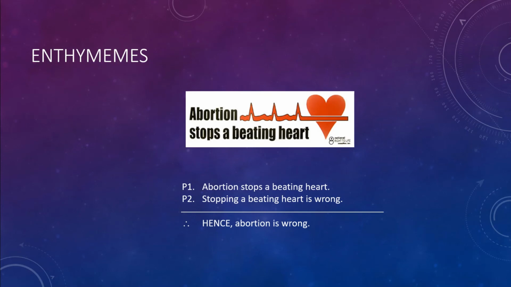So now the argument reads: abortion stops a beating heart, stopping a beating heart is wrong, therefore abortion is wrong. And once again, now that we have the argument in standard form, we can start to evaluate it. We can start to ask questions about its premises and about the strength of the connection between the premises and the conclusion.